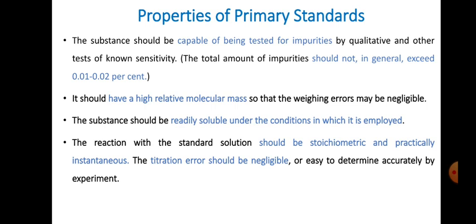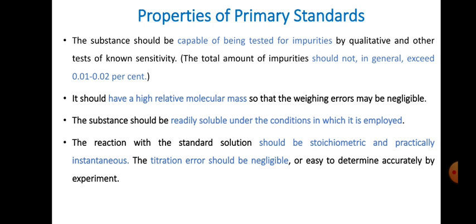Next condition is the reaction with the standard solution should be stoichiometric and practically instantaneous. Let's say I am taking a standard solution in the burette, and I have a primary standard in the conical flask, and let's say it is an acid base titration. The reaction between these two, that is a neutralization reaction, should be very fast.